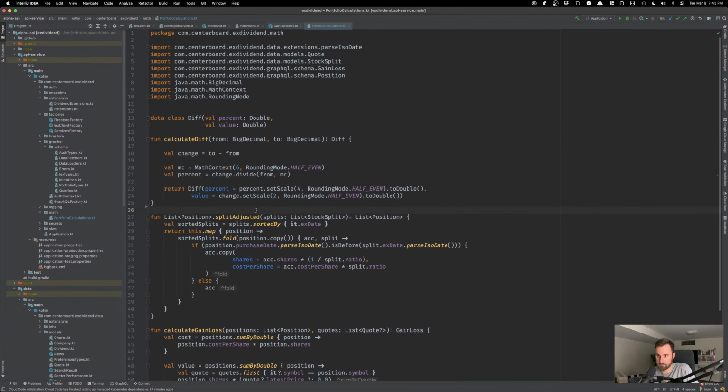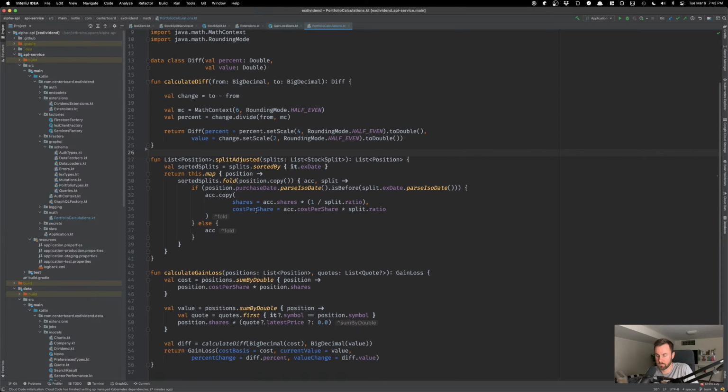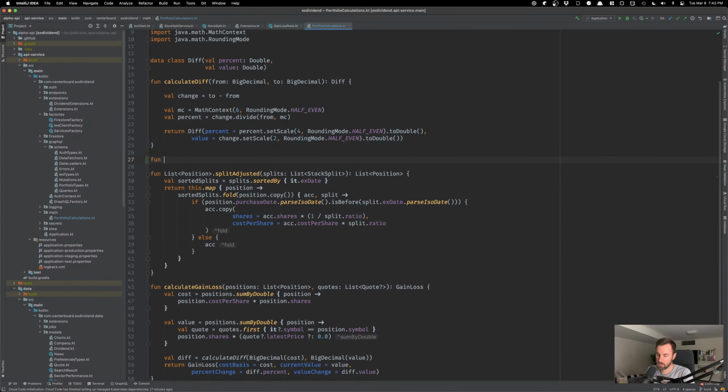Okay, so let's create our simple function here first. And I'll show you what we're going to do. This is going to be calculated for a given position, and we're going to pass it a list of dividends.